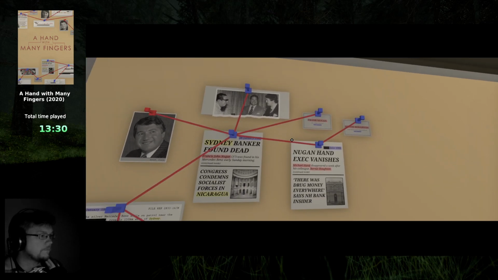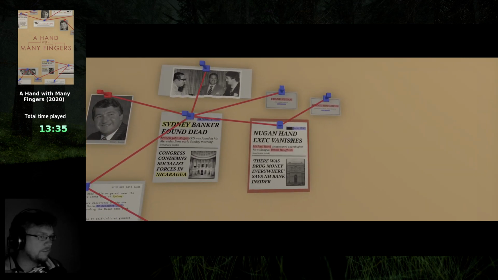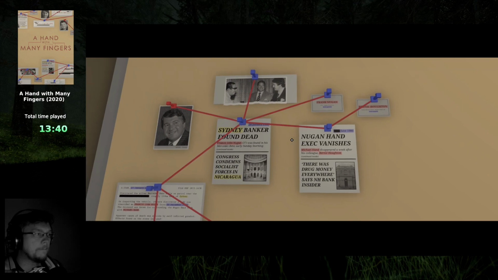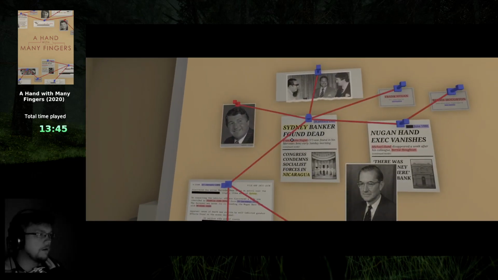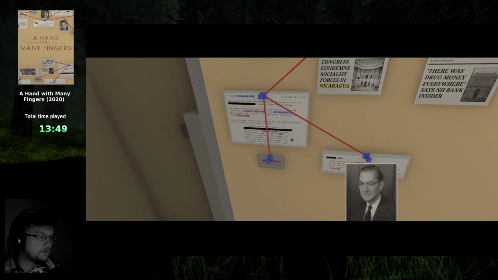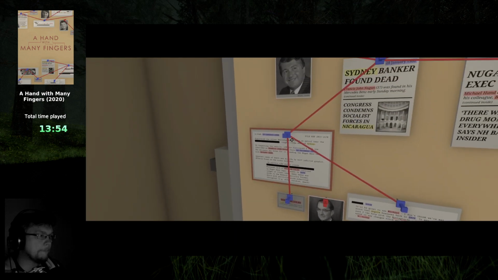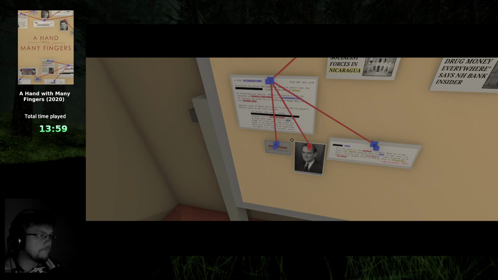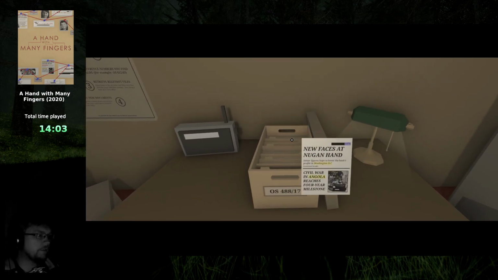Nugan's business card, not Hand's. This is Colby. Colby, who is not in that picture. It is Colby, right? Yes. Just have the name.